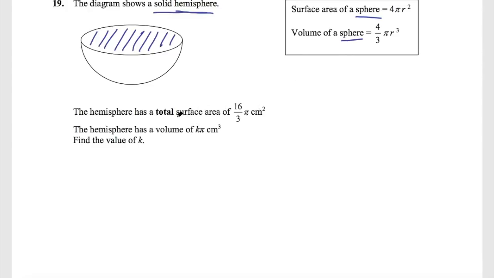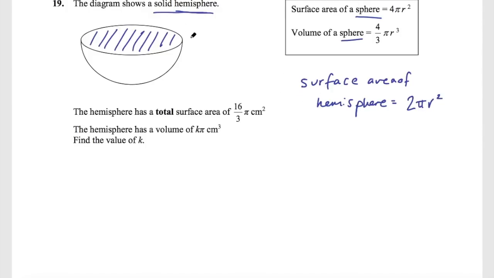Okay, so we're given the total surface area, so let's take the surface area of a sphere, and we need to half that because we're talking about a hemisphere. So the surface area of a hemisphere will be half of this. Half of 4 pi r squared is 4 pi r squared divided by 2. So that's going to be 2 pi r squared.